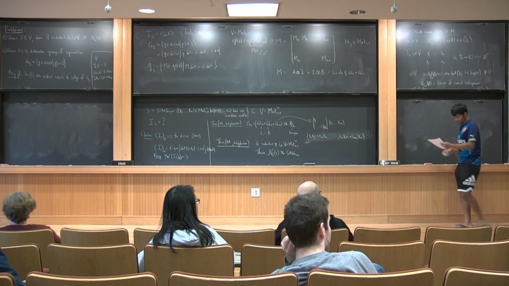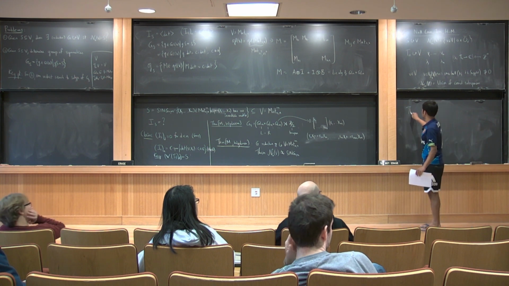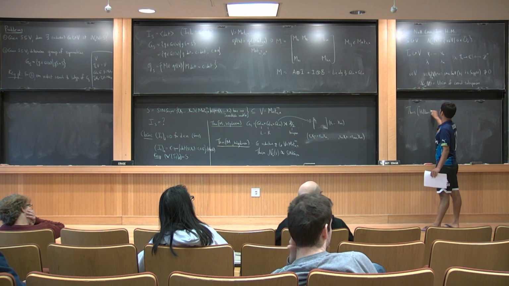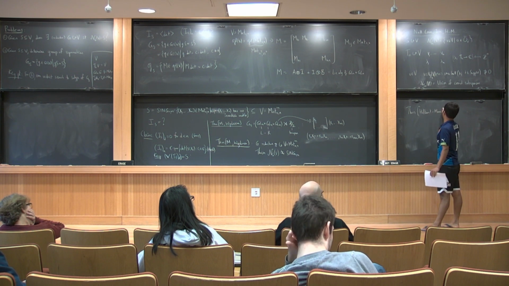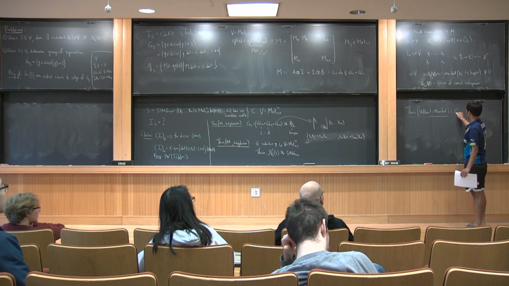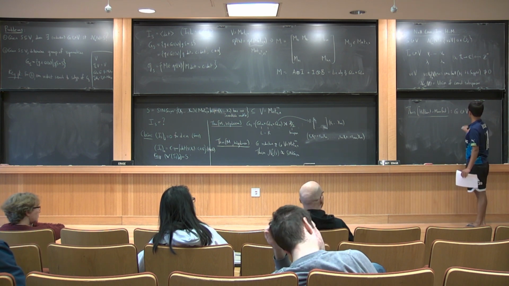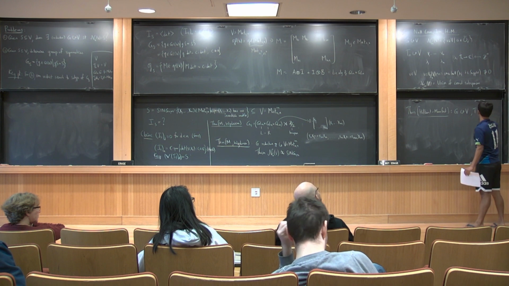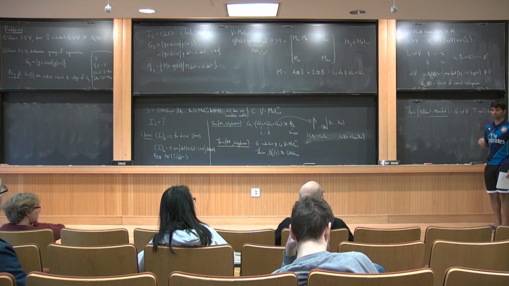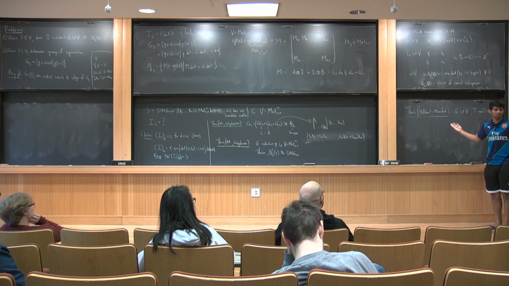Now there's one more theorem that I'm going to state, which I also stated last time, which is due to Hilbert and Mumford. Suppose you have some group acting on a vector space, and T is a maximal torus of this group, which just means the largest subgroup which is isomorphic to a torus.